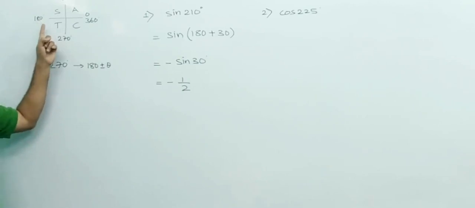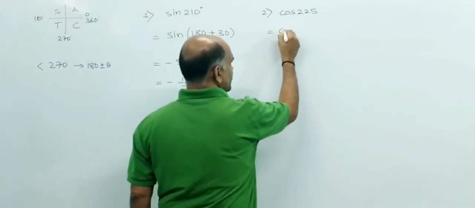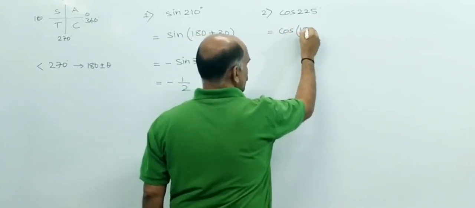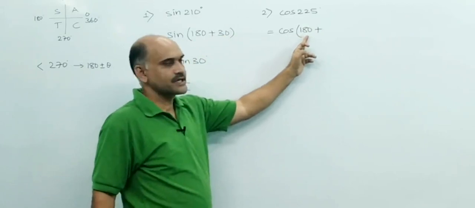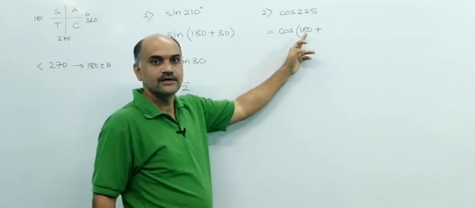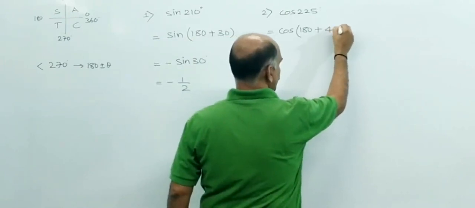225 is greater than 180. So you can write 225 as cos 180 plus. So how much you are required to add to 180? 45. So 180 plus 45.